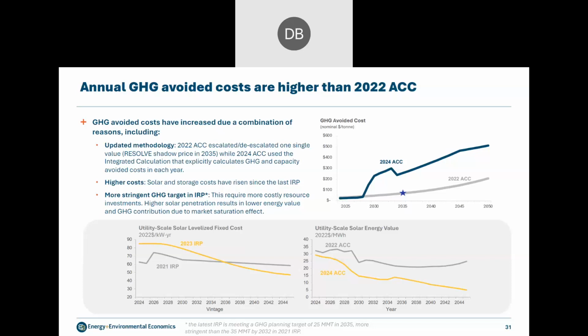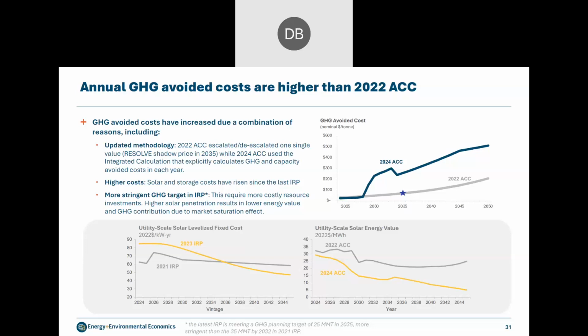We see that the levelized costs have increased, especially before 2035. If you go back to the equation I shared earlier, the value should equal the cost. When we see cost rising, the integrated calculation will need to increase the avoided cost to be able to match that cost part of the equation.